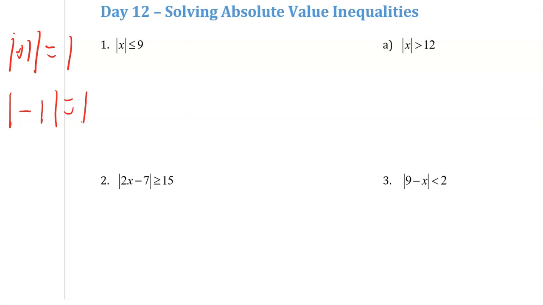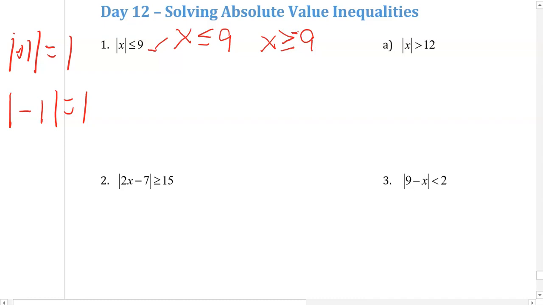So when we solve an absolute value inequality problem, we want to break it up into two problems. For example, on number 1, the value of x will either be less than or equal to 9 if x is positive, or the value of x will be greater than or equal to negative 9.